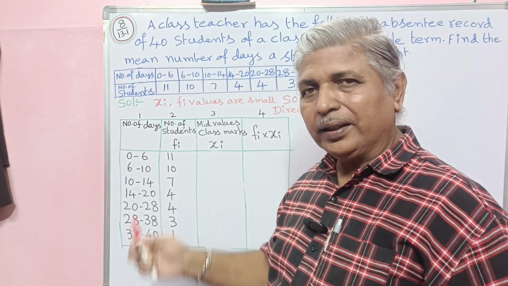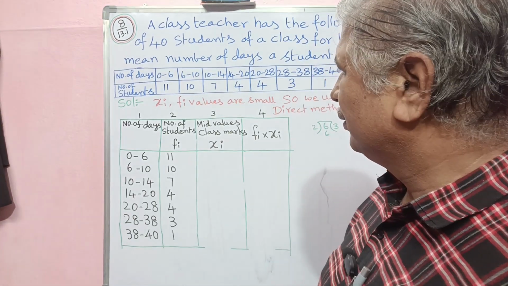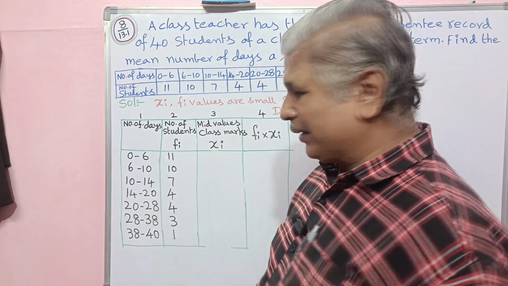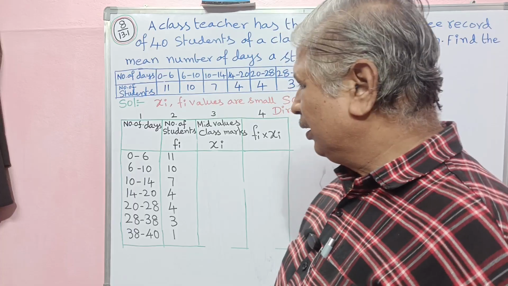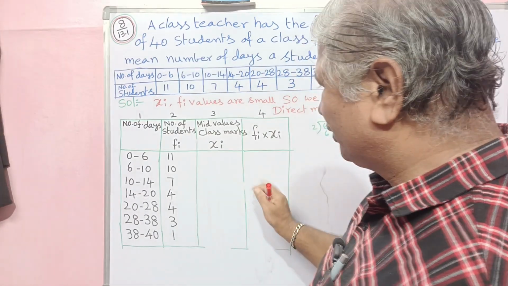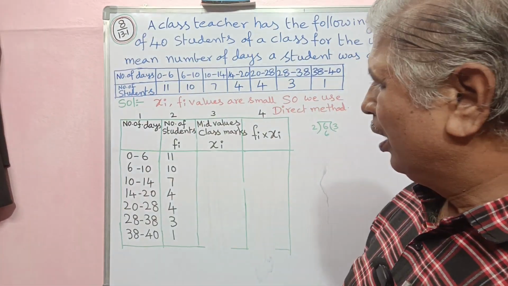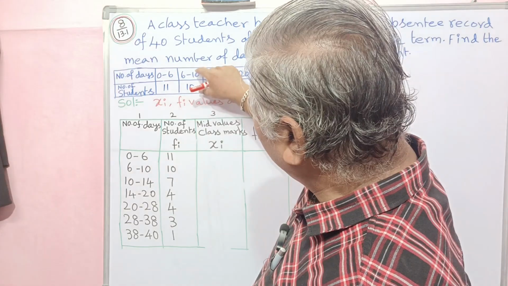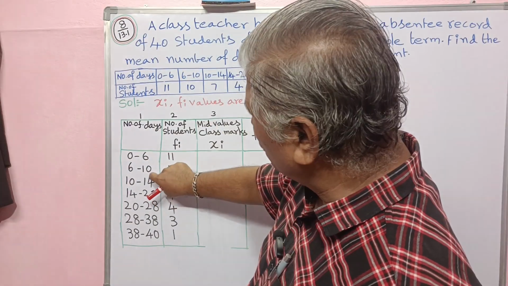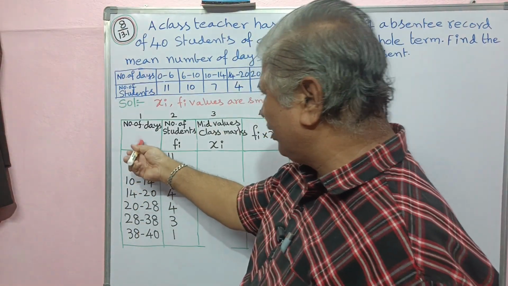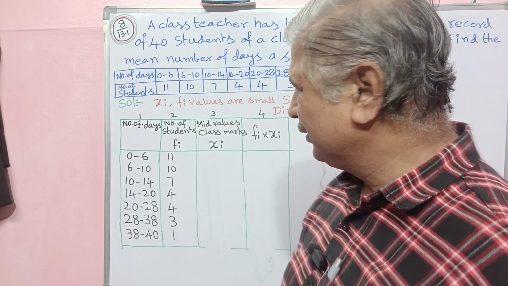In the direct method, there are 4 columns. Already, the given data is entered in 2 columns: class intervals and frequency.